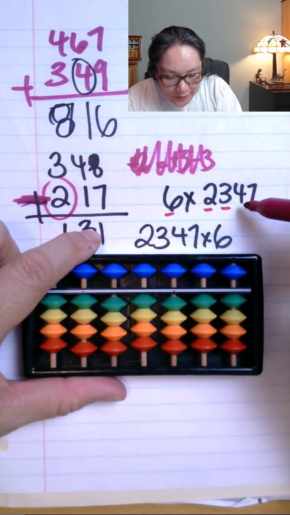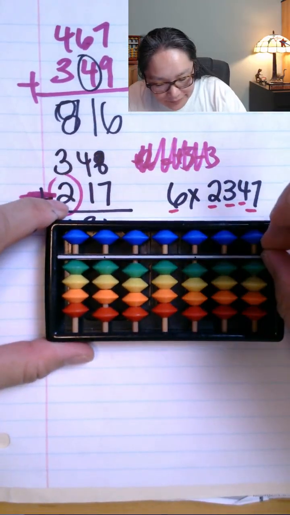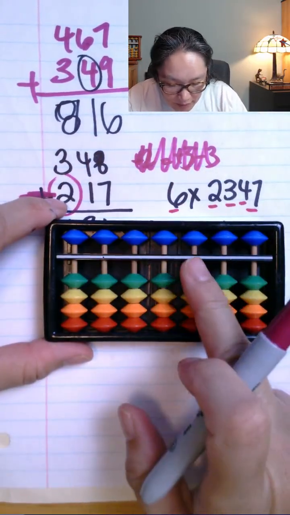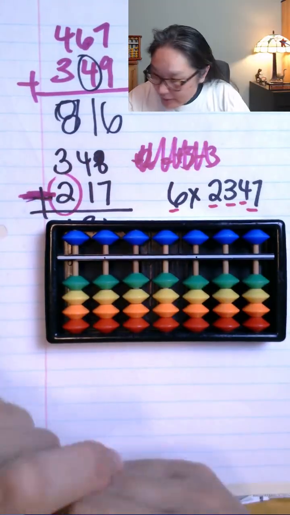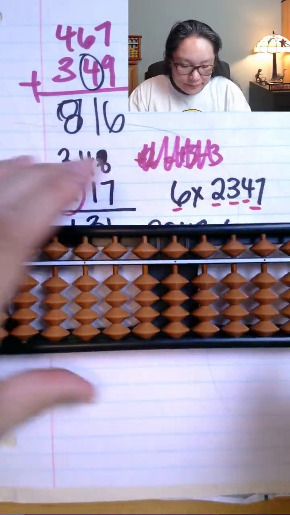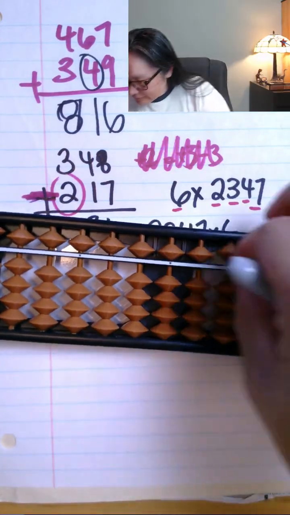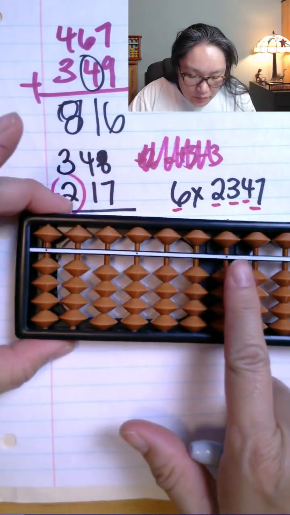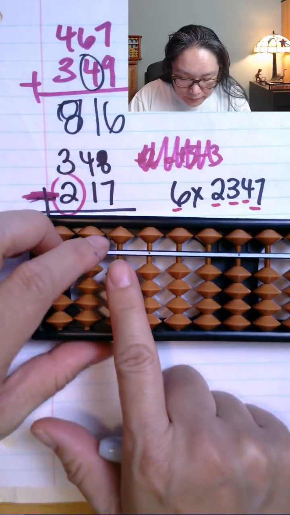1, 2, 3, 4, 5. 1, 2, 3, 4. Okay, I don't have enough beats. 1, 2, 3, 4, 5. We're here.